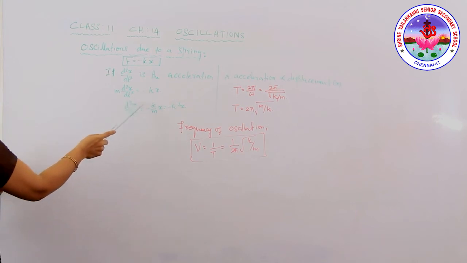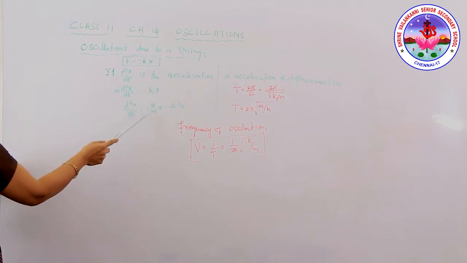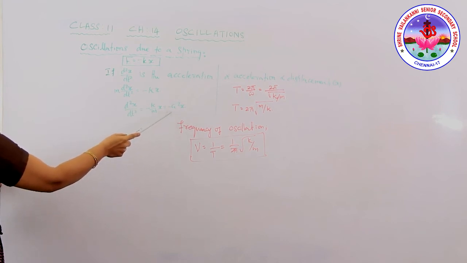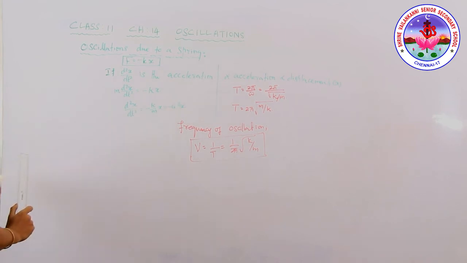So d squared x by dt squared equals minus k by m x, which equals minus omega squared x. This shows the acceleration is proportional to the displacement x and acts opposite to it. So the body executes simple harmonic motion.